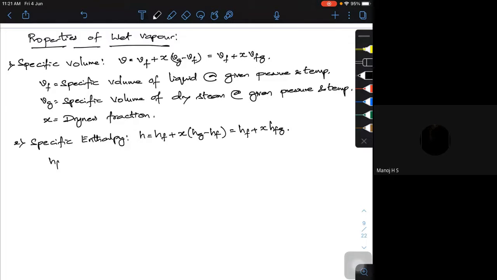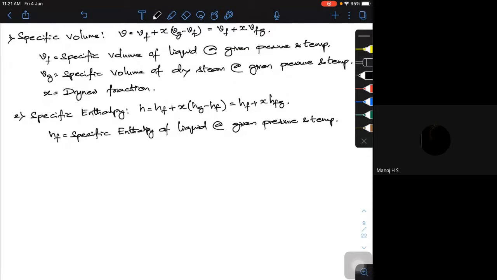What is Hf? Hf is the specific enthalpy of the liquid, the enthalpy of the liquid or water at the given pressure and temperature.